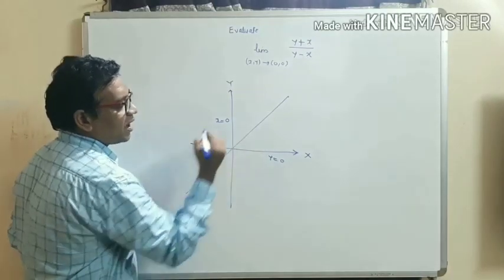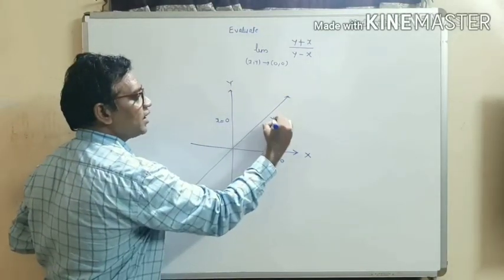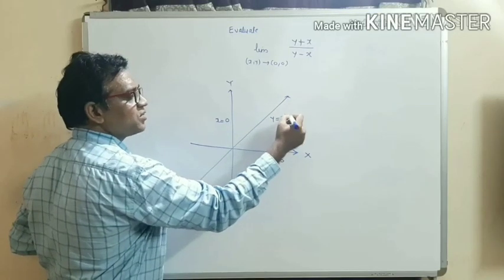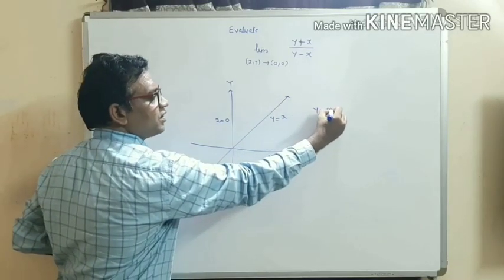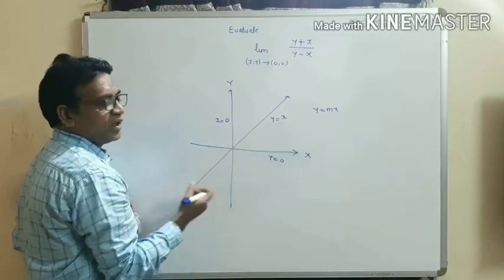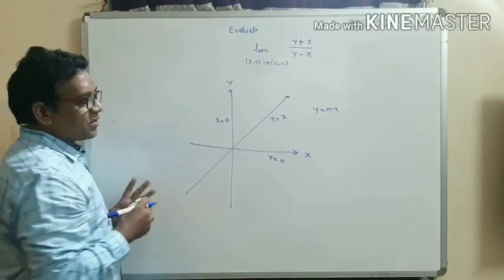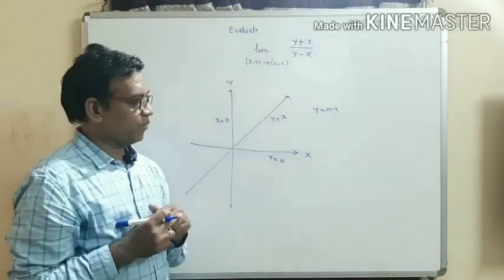Remember the third line, the straight line passing through the origin, and the equation of this line is y = x or y = mx. This is the general equation: y = x, y = 2x, y = 3x, y = 4x. This is the equation of a straight line passing through the origin. So just remember these three lines.